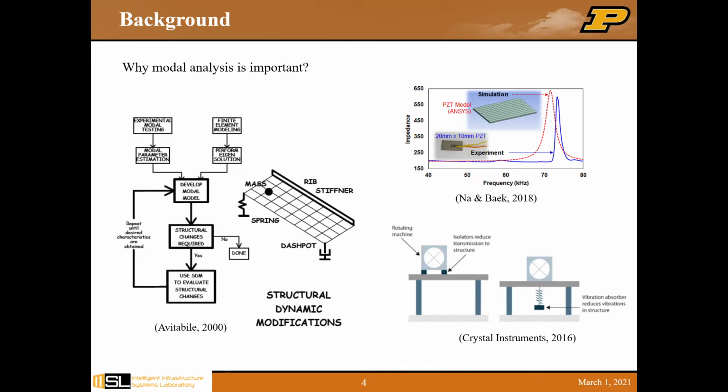We can also use the modal analysis result to mitigate the mechanical system vibration, right? It can help us to design the vibration absorber or base isolation such that the excitation frequency is away from the resonant frequency of the dynamic system.